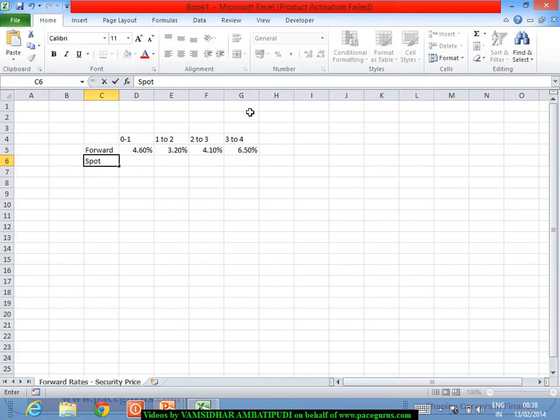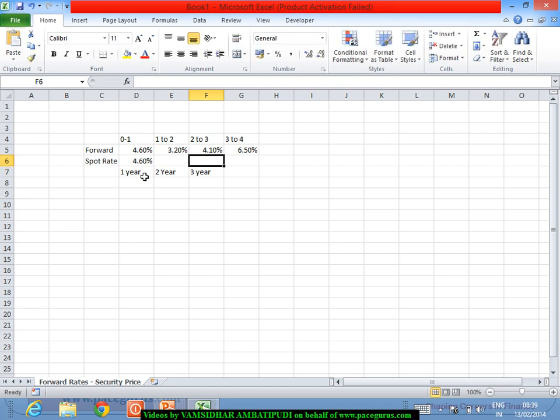Spot rates always go as 0 to 1, 0 to 2. The 2-year spot rate includes 0 to 1 as well as 1 to 2.